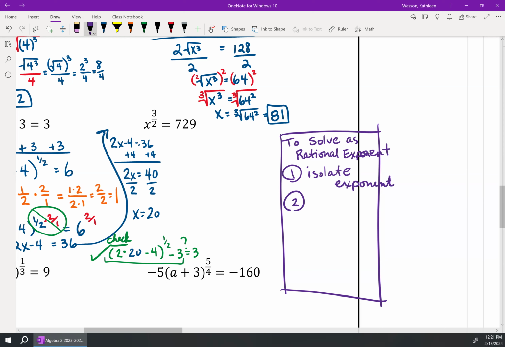We did the reciprocal exponent. Reciprocal is a mathy word. It means you flip your fraction upside down. And then we solve for the variable. And you check your work.